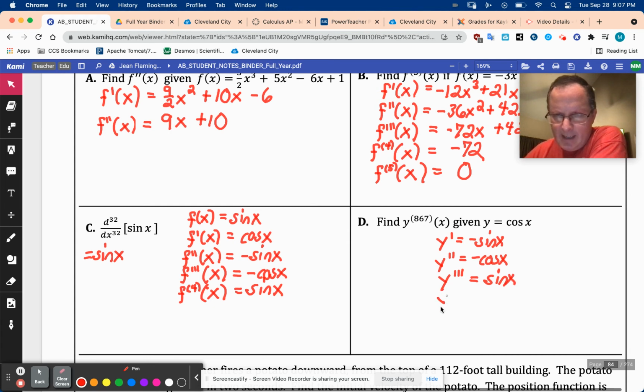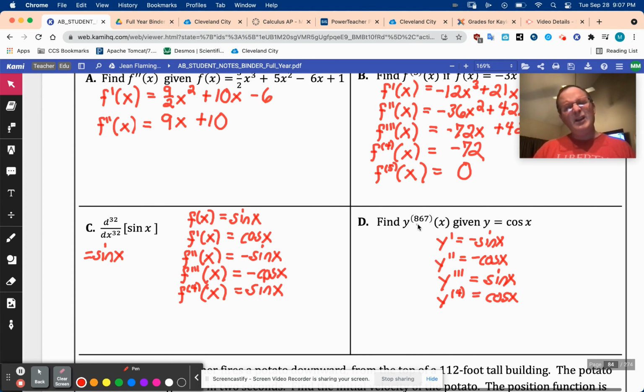And then y, the fourth derivative, I should say, is back with what we started with, and then the cycle begins again. All right, so again we have multiples of 4. If I have a multiple of 4, it's going to be cosine. 1 less than that would be sine. 2 less than that would be negative cosine, and 3 less than that would be negative sine.